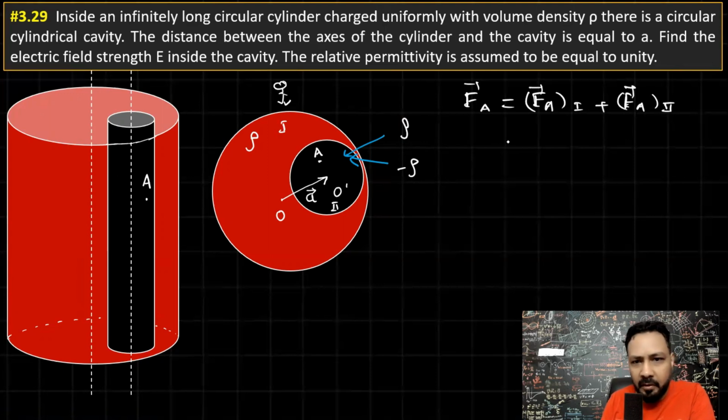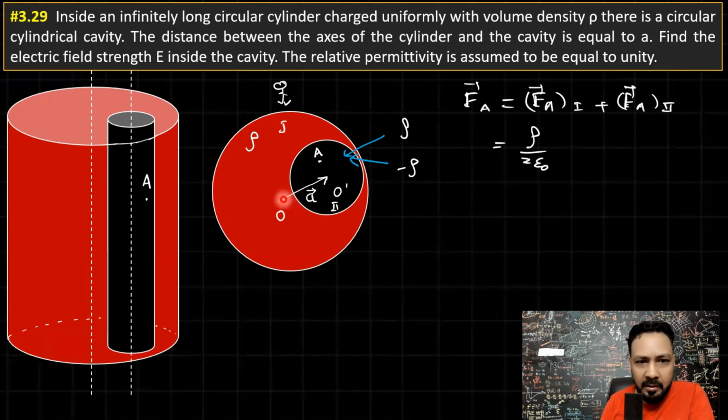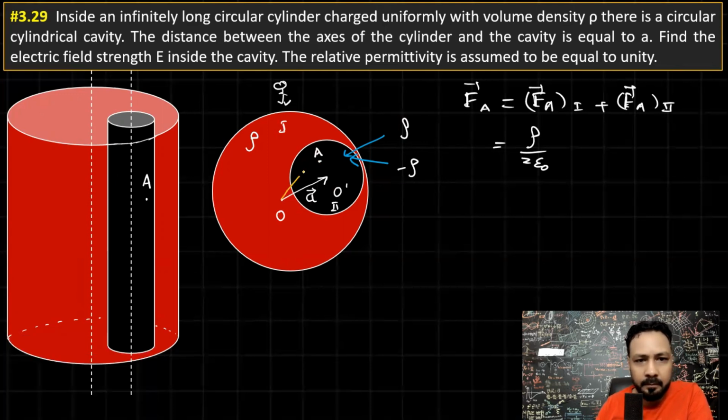The electric field at A because of 1 would be rho by 2 epsilon naught vector r. Vector r has a tail at the point on the axis and the head at that point, so that vector r is my OA vector.